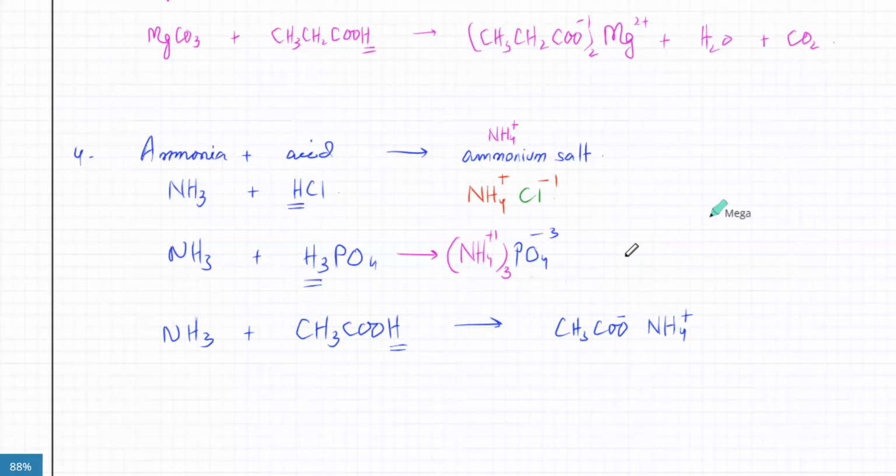So all you have to do is get rid of the H. So replace H plus 1 in acid with NH4 plus 1, and you'll get the salt. Okay, that's all you have to do.